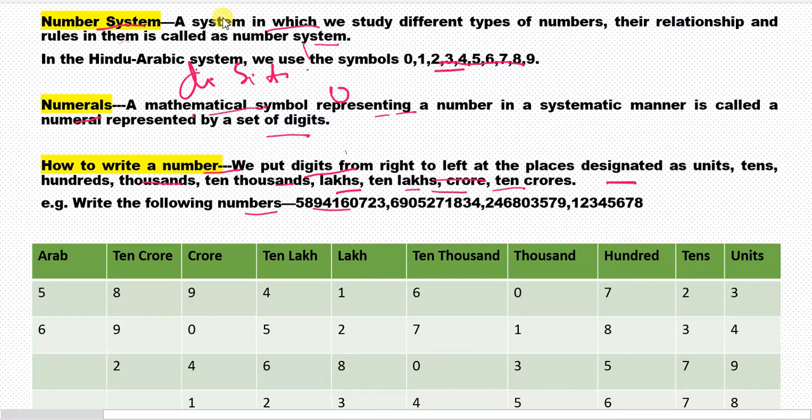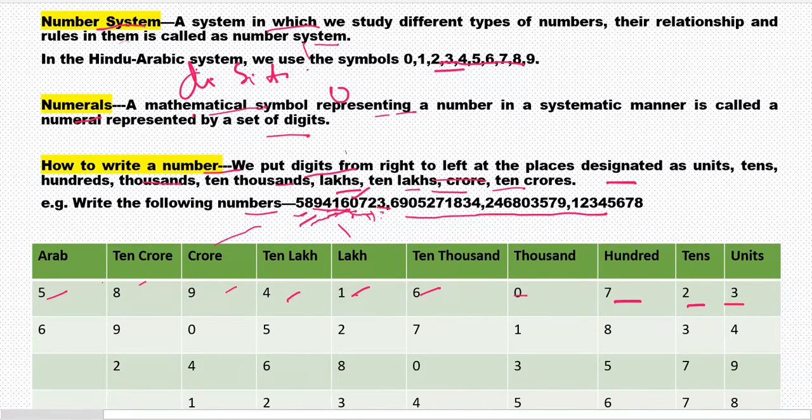For example, take these four numbers. I have presented them in a table. Starting from the first number: the digit 3 is at the units place, 6 at tens, 7 at hundreds, 0 at thousands, 1 at ten thousands, 4 at lakh, 1 at ten lakh, 9 at crore, 8 at ten crore, and 5 at arab.